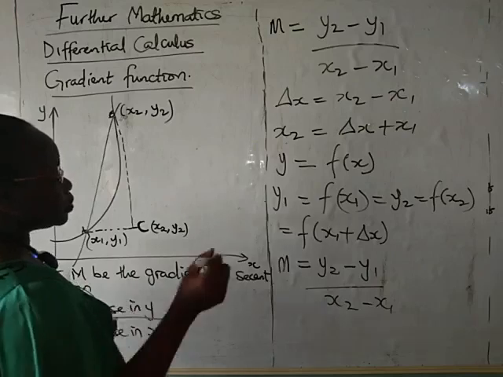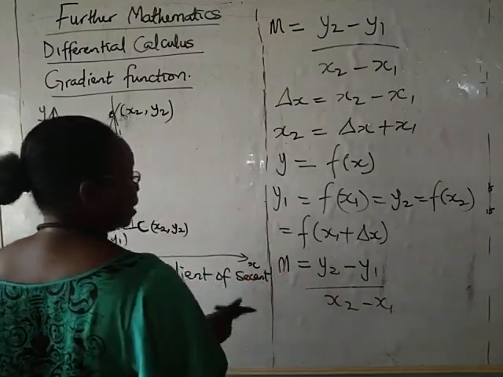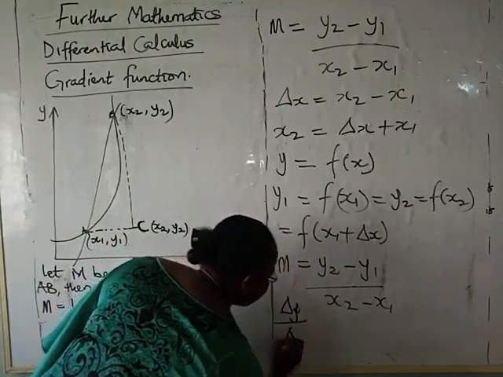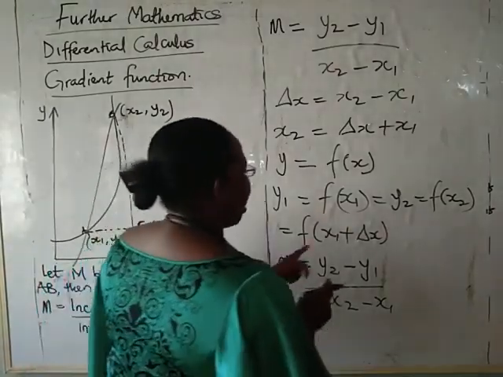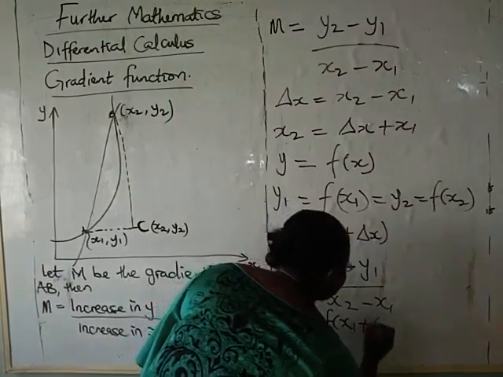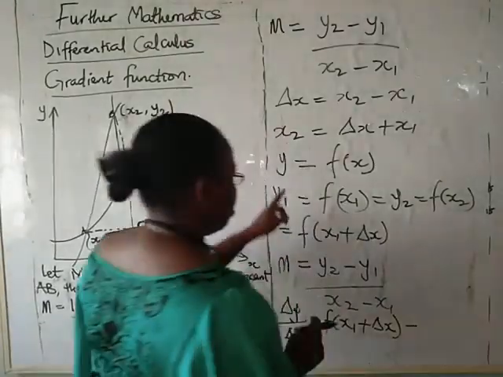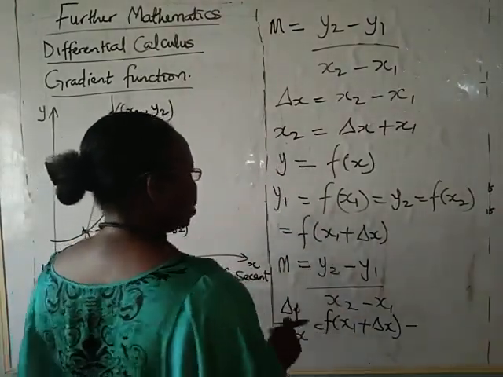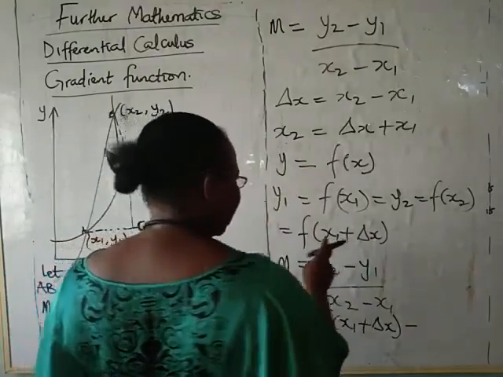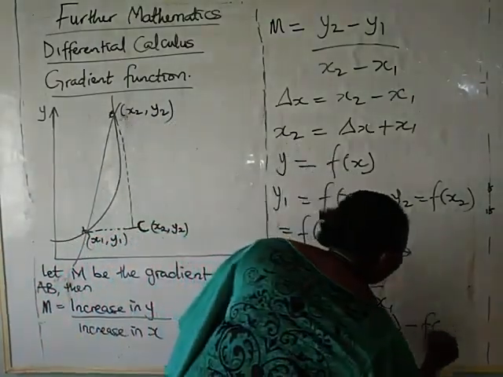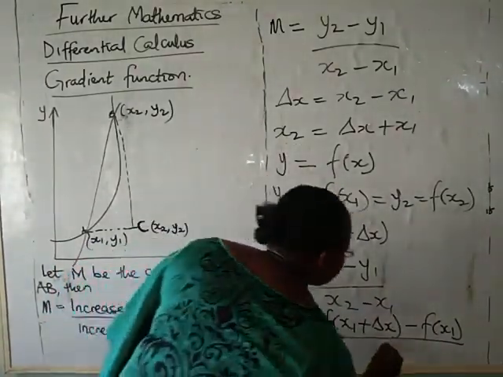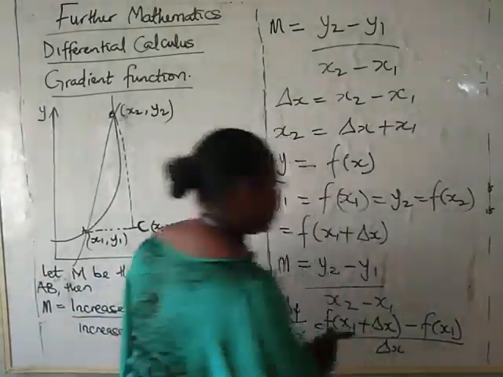My gradient, which is the rate of change, dy over dx, is the same thing as f of x1 plus delta x minus f of x1, all over delta x.